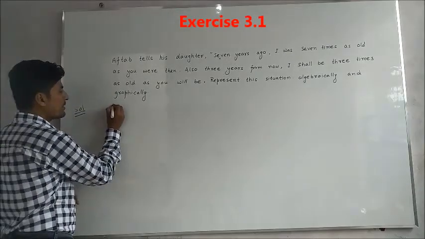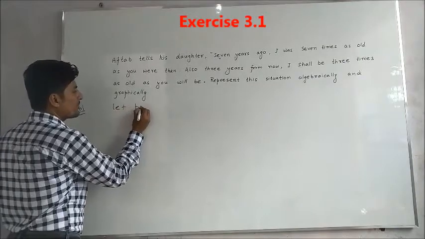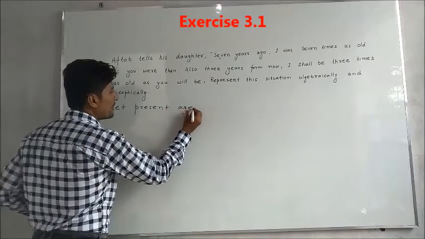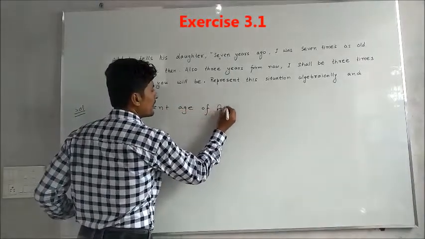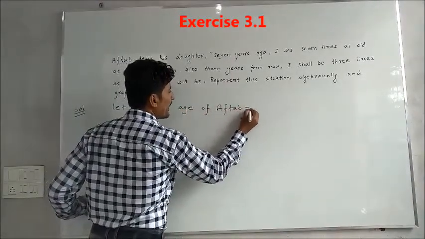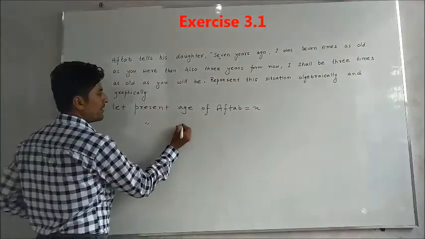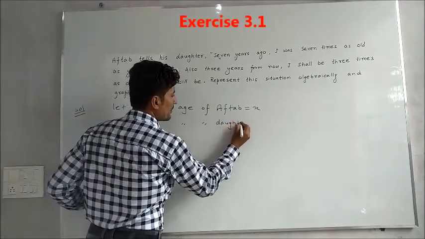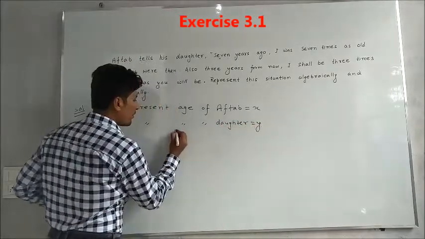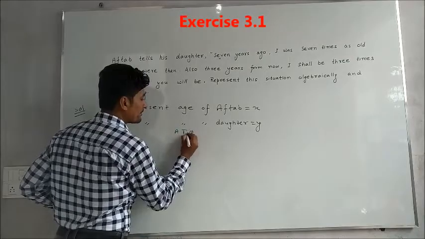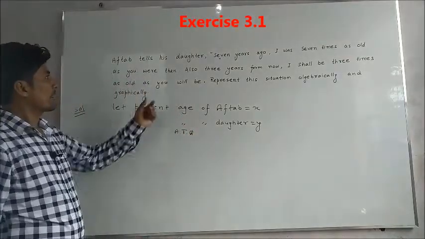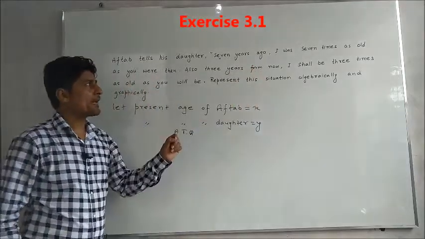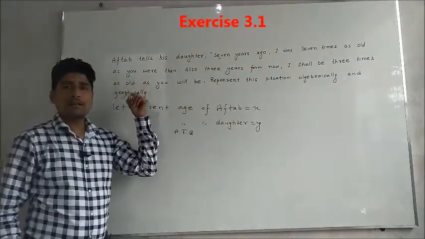First of all, we have to assume let the present age of Aftab be X, present age of his daughter be Y. Now, according to the question, 7 years ago, the age of Aftab was 7 times as old as his daughter.